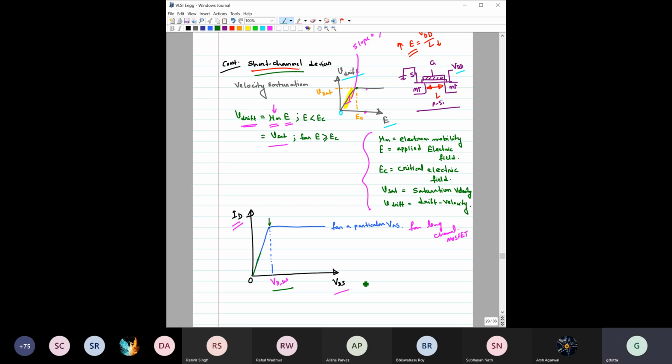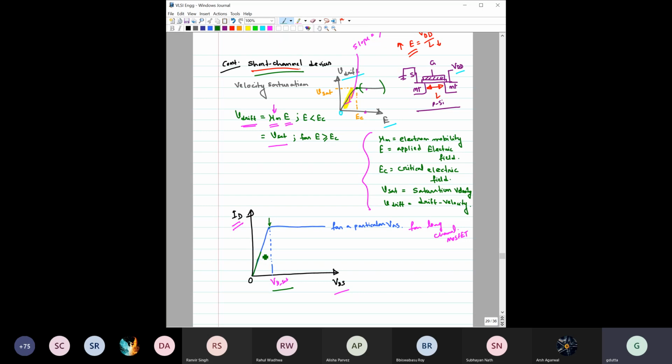Please try to understand: you are increasing VDS, so current is increasing. But as the gate length has reduced significantly, the electric field has increased, so the concept of mobility no longer applies and it has entered the VSAT region.